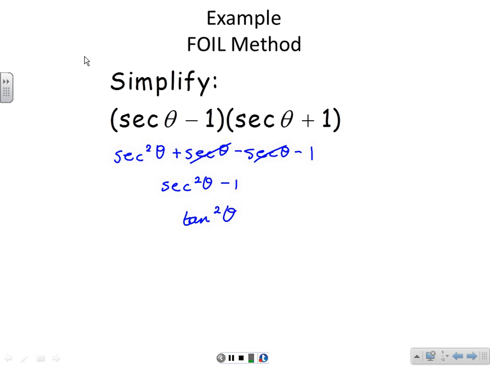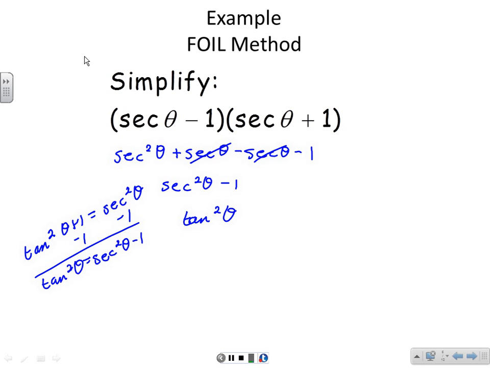Well, we have a Pythagorean that says tangent square theta plus 1 is equal to secant square theta. Well, if I subtract 1 from both sides, I'm going to get tangent square theta is equal to secant square theta minus 1. And so that's where that comes from.